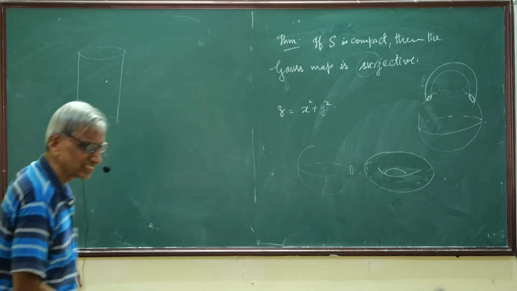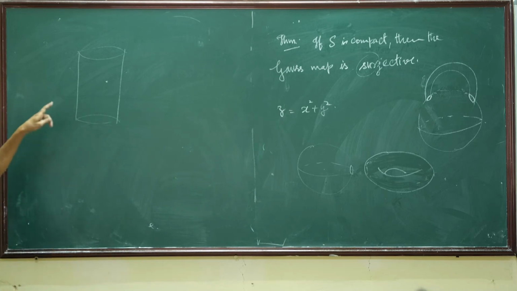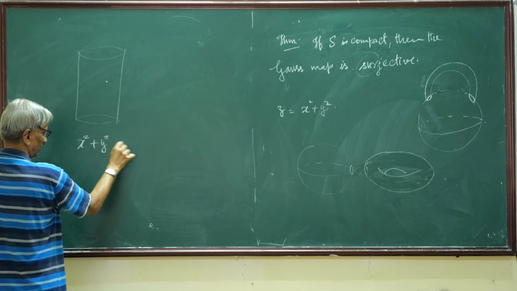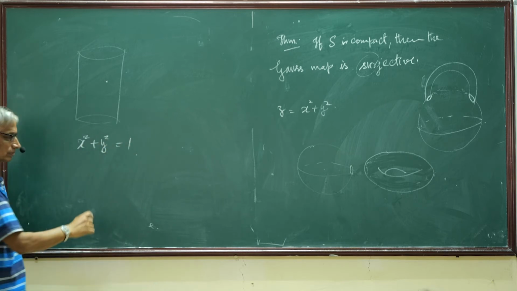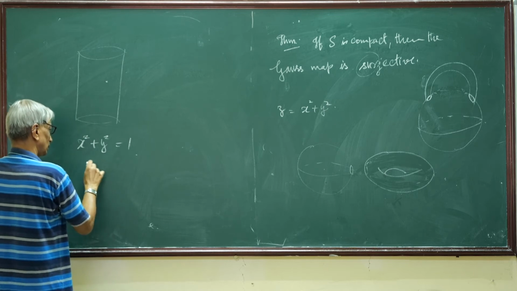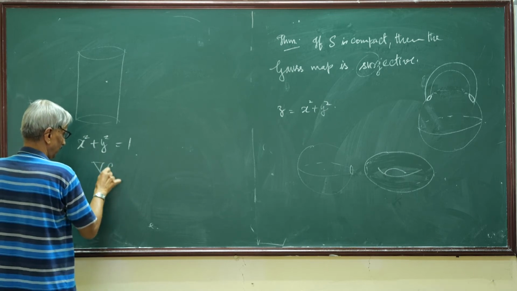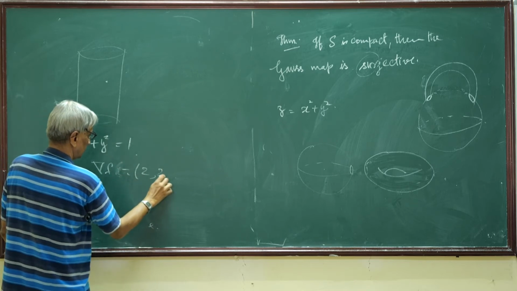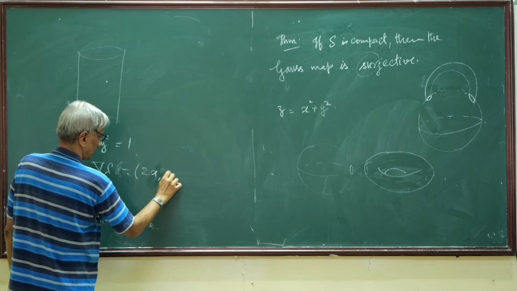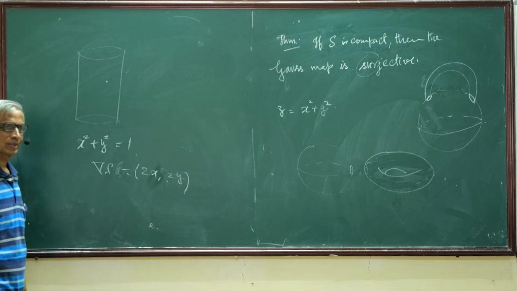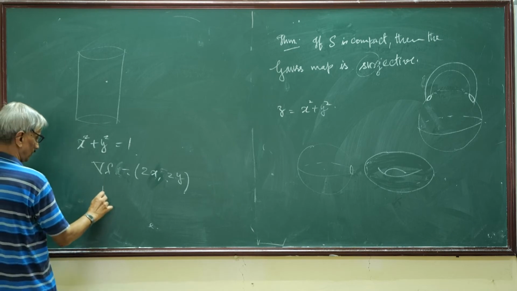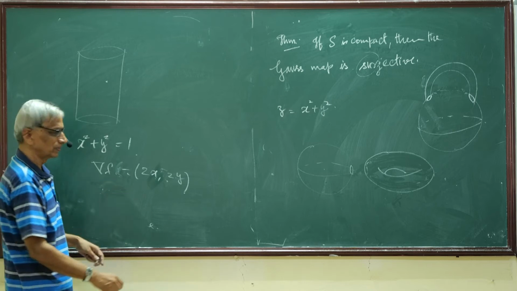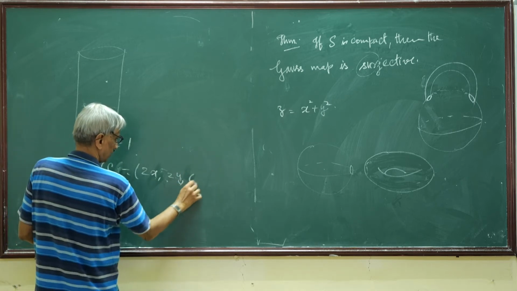Okay, now let's write it down and see. The cylinder is x square plus y square equal to 1. The gradient is 2x, 2y, 0.